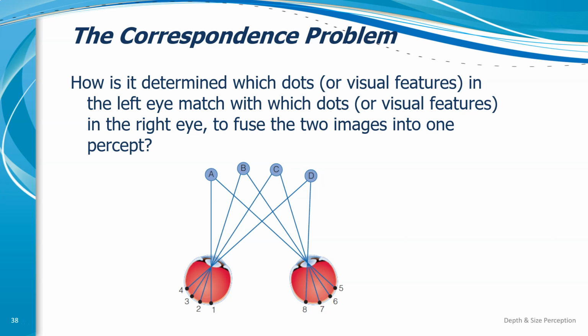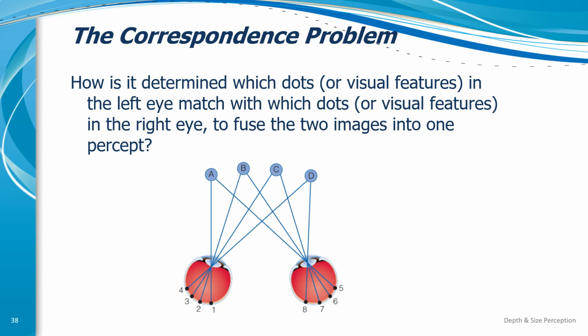But how does the brain take these two technically different images and stitch them together into one holistic percept? Our vision has been called cyclopean, which seems a bit counterintuitive. Well, wait, I have two eyes. I'm not a cyclops. Cyclopean refers to the image that you see in your mind's eye. You see one image, even though you have two eyes.